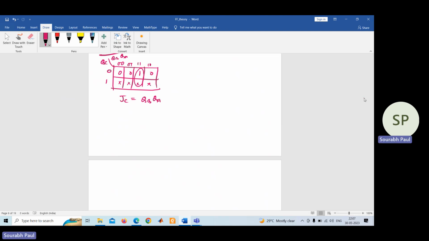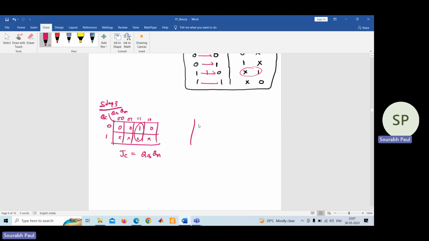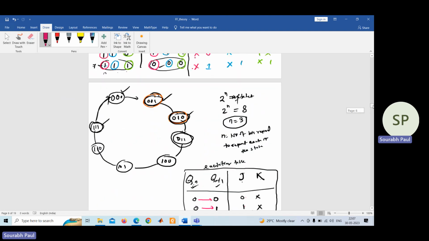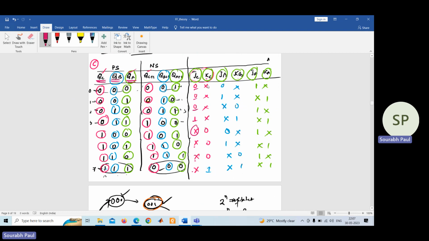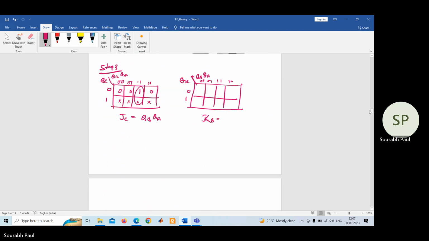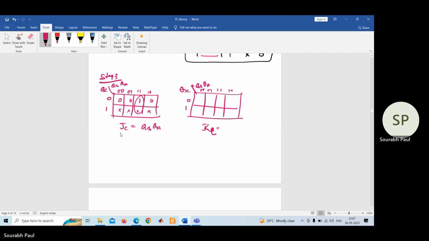Now follow the same procedure for the next variable, that is KC. Sorry, it should be KC now, because I am first finding the values for the C flip-flop.